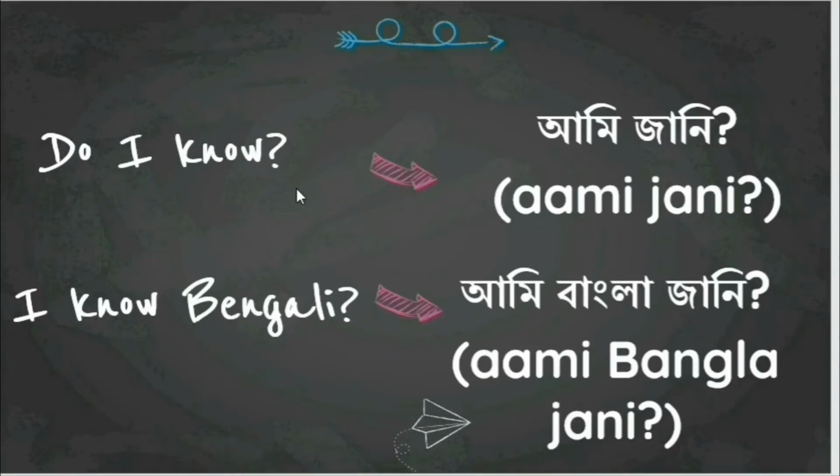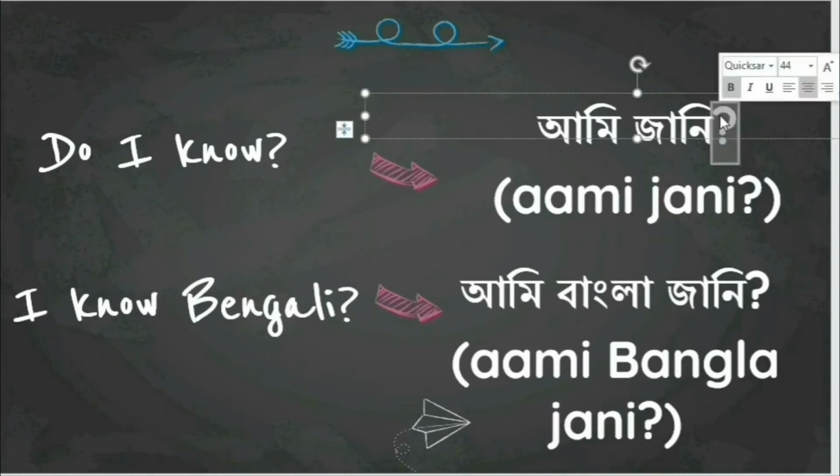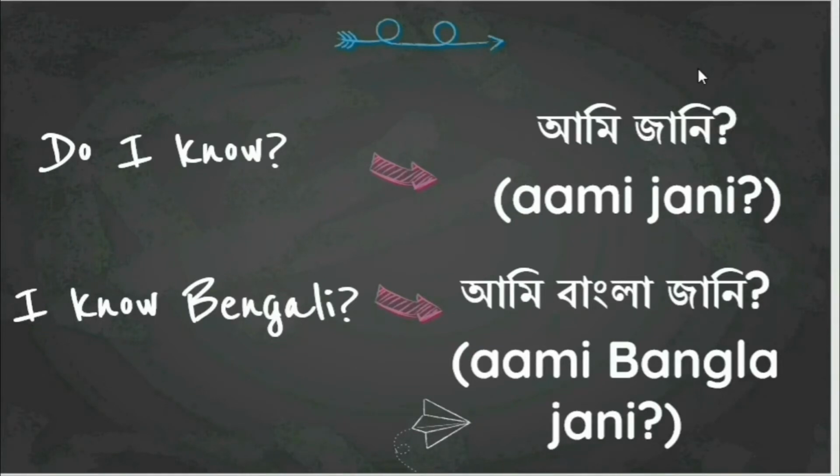So it's in the tone, and in written form it's the question mark at the end that is going to suggest that it's a question. And when you hear it, you will hear it in the voice, because that person is going to use the tone of a question, like Ami Jani, that means do I know.